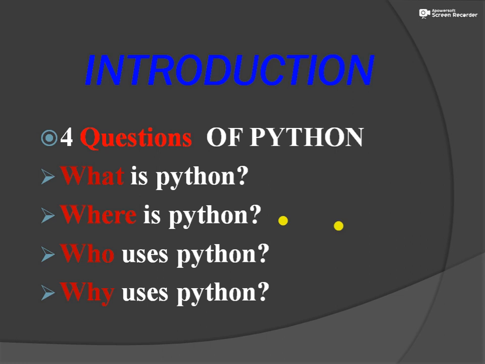Students, Python is a high-level language. We can say that Python is a high-level, open-source, interpreted and general-purpose programming language. It is very easy to use and also a very strong language. With the help of Python, we can make applications very fast.